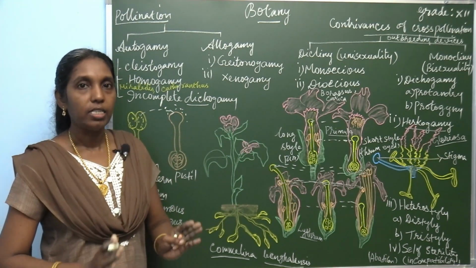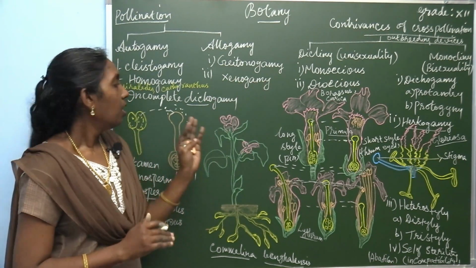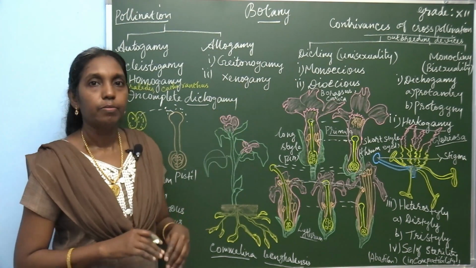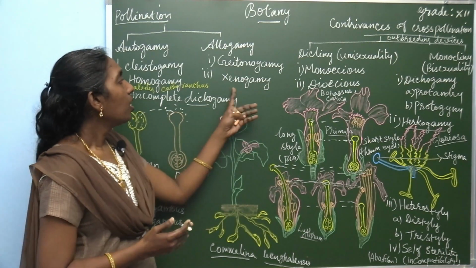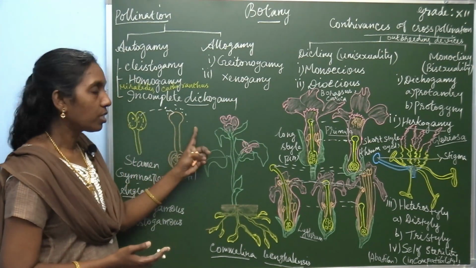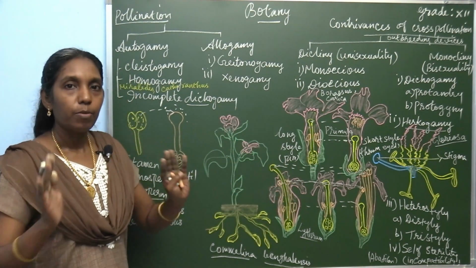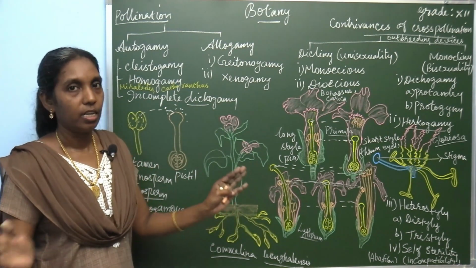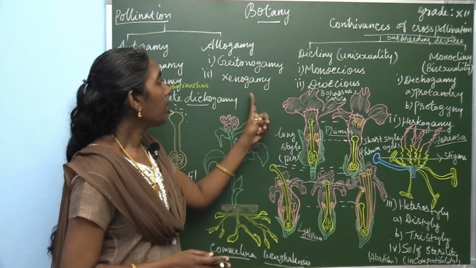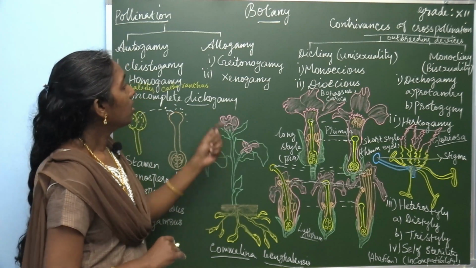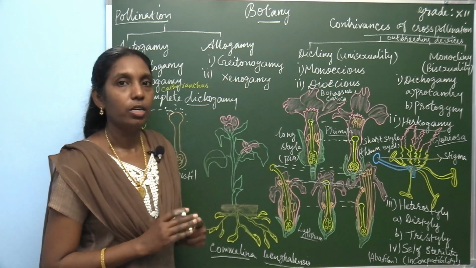So within the same plant, the transfer of pollen grains between different flowers is called geitonogamy. Xenogamy is also cross-pollination, but the difference is the transfer of pollen grains from the anther to the stigma of flowers present in a different plant. Male and female flowers are present in two different plants, and the cross-pollination taking place is called xenogamy. So geitonogamy and xenogamy come under the types of allogamy.